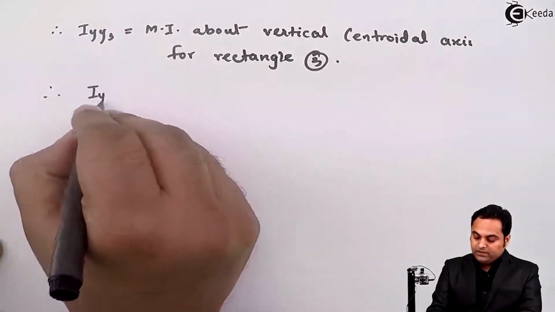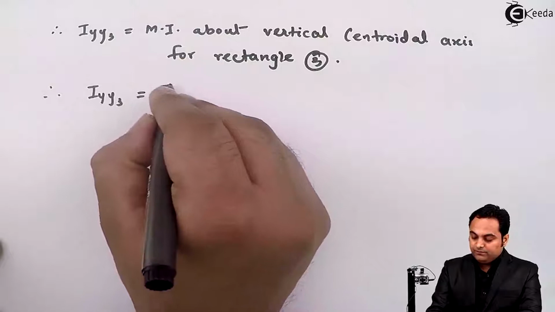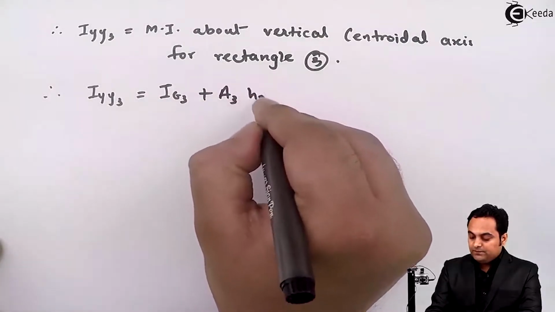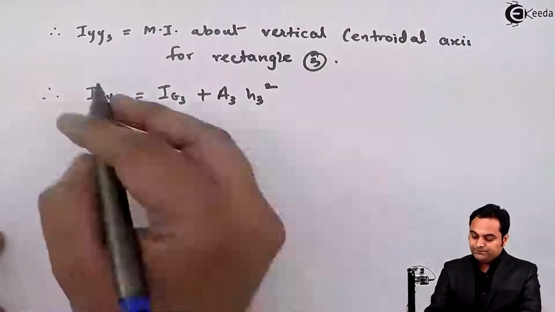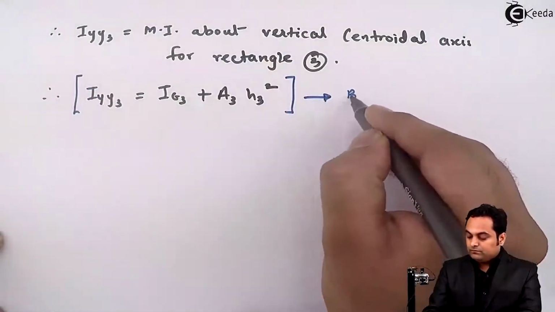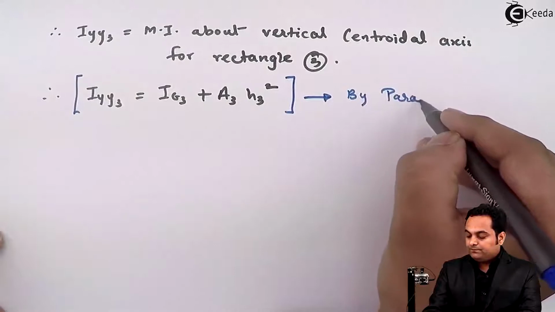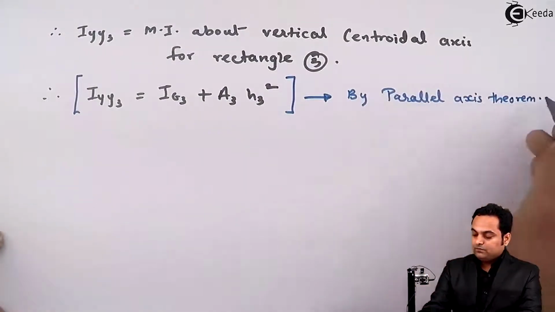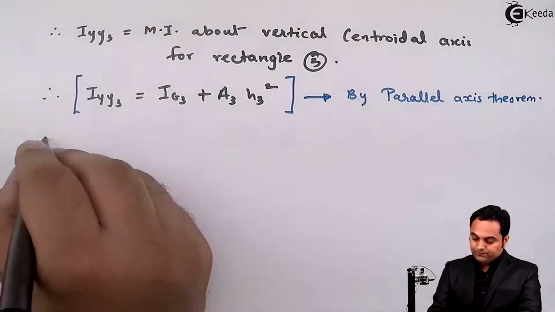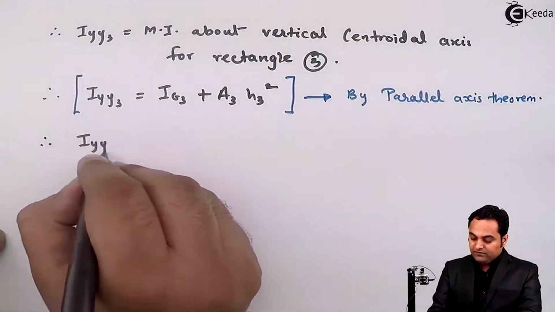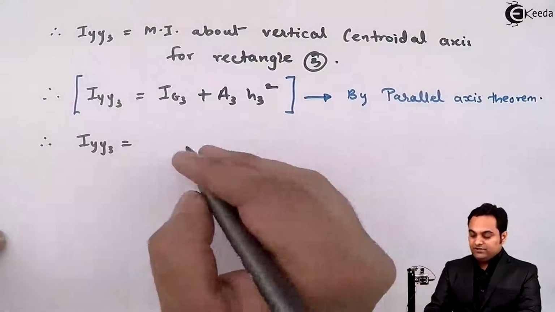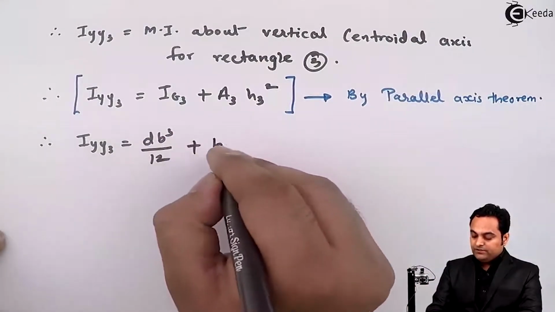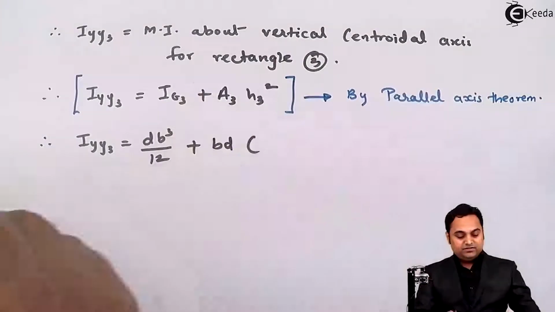Therefore Iyy3 is equal to Ig3 plus area 3 into h3 square by the parallel axis theorem. So therefore Iyy3 will be equal to Ig3, which is db cube by 12, plus area, which is b into d, into h3, the distance.